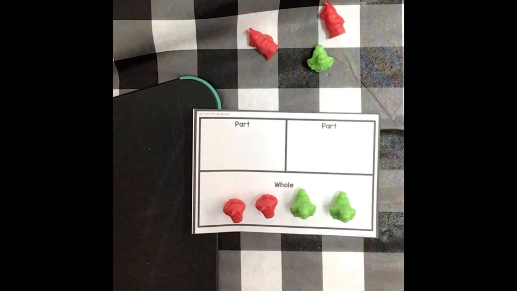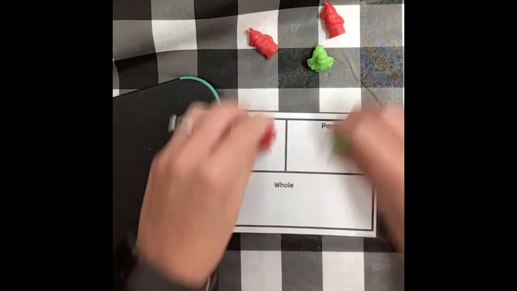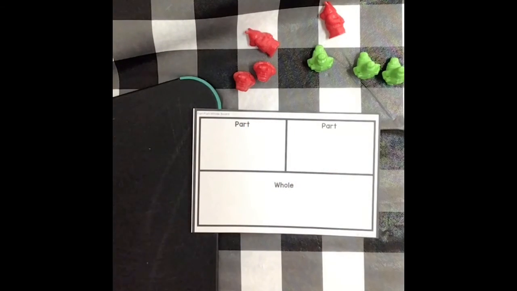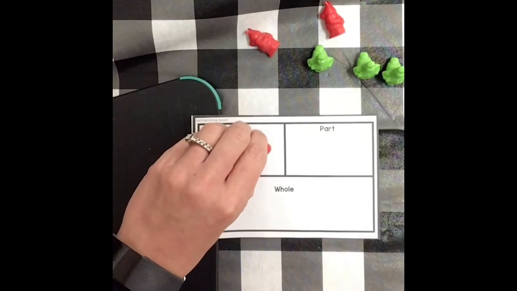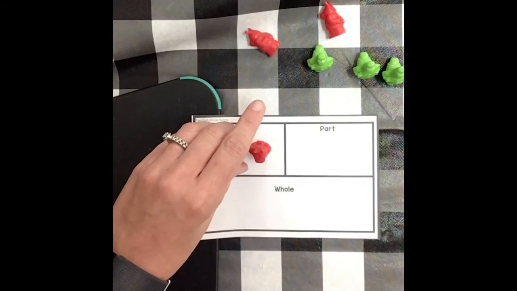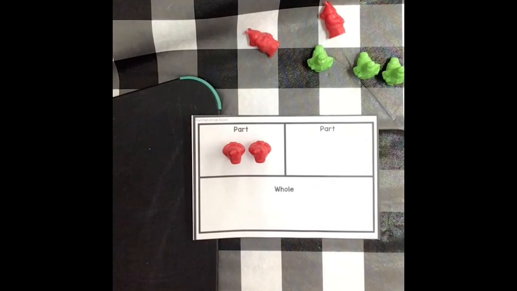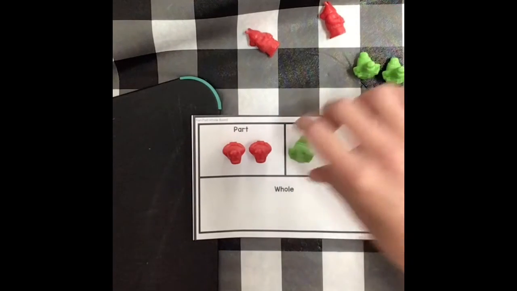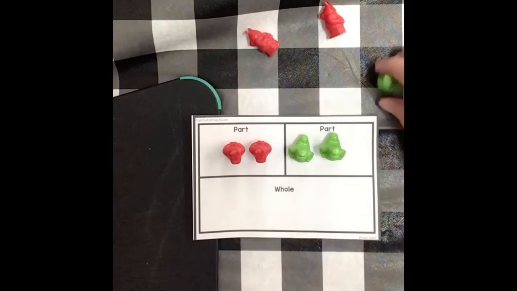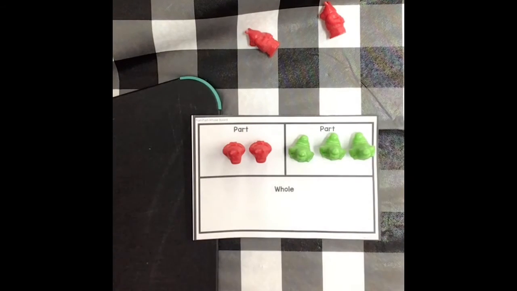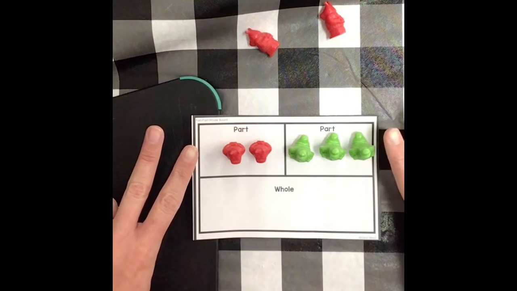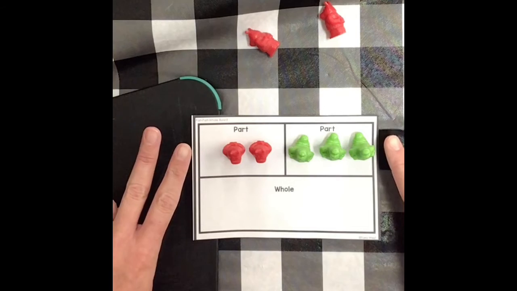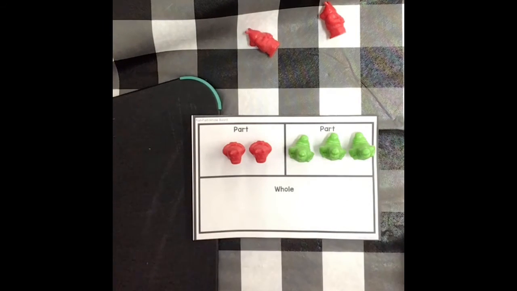All right, let's do one more. 2, 1, 2, 3. All right, we have 2 in our first box. We have 3 in our second box. How many will we have when we join them together in the bottom?